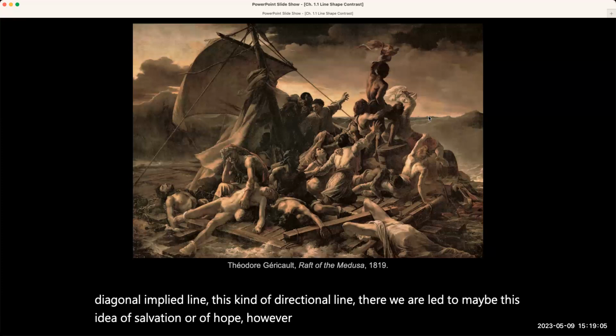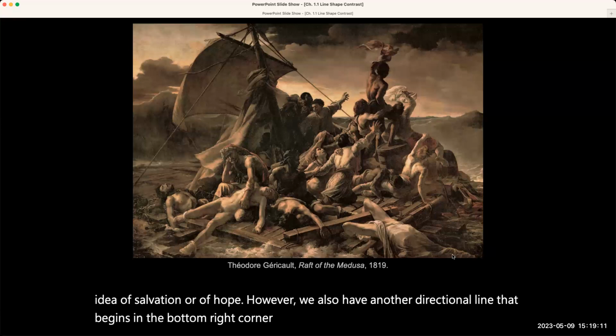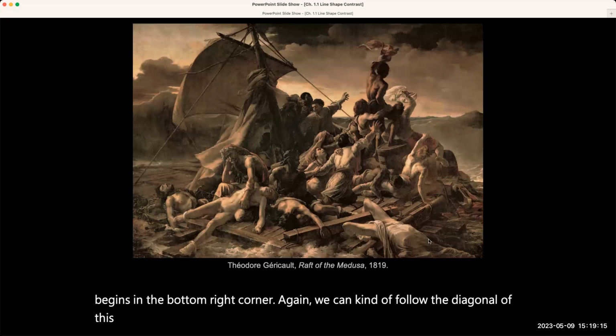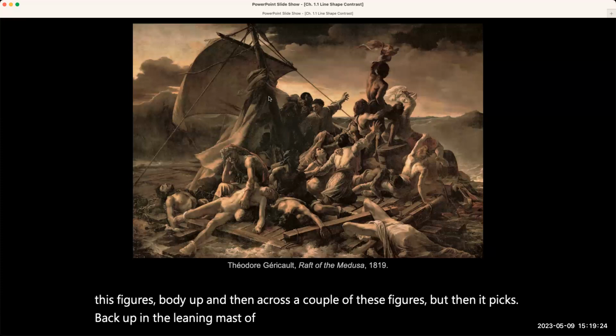However, we also have another directional line that begins in the bottom right corner. Again, we can kind of follow the diagonal of this figure's body up and then across a couple of these figures, but then it picks back up in the leaning mast of the ship here.